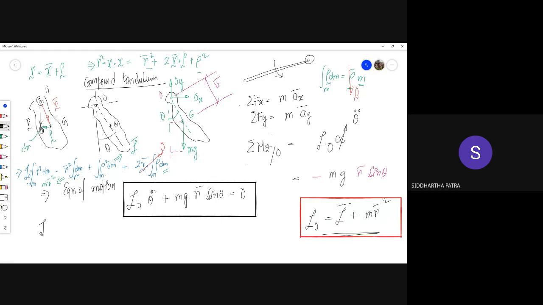Now, this I bar, the moment of inertia about the center of mass, let that be an unknown. Actually, in this experiment, we are trying to find out this quantity, the moment of inertia about the center of mass. And it is an unknown. And we could call it m kappa bar squared, where kappa bar is the radius of gyration about the center of mass.